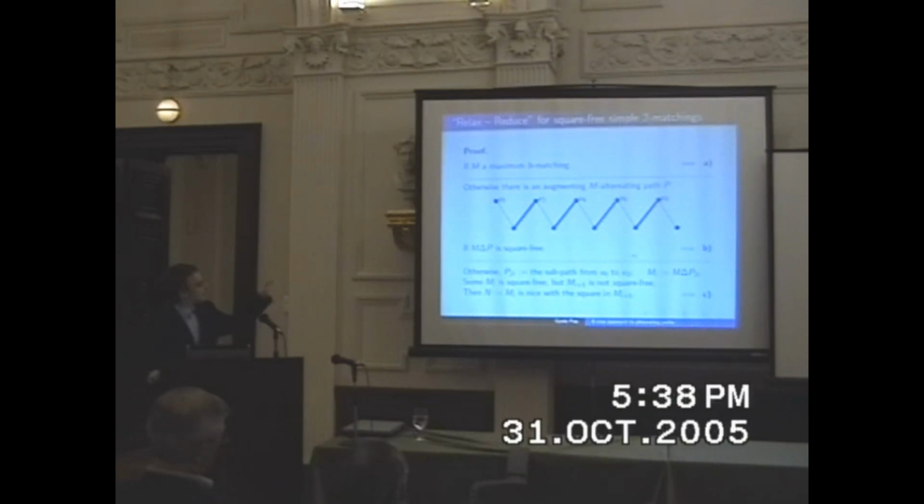So consider an alternating path as a process. We choose a starting segment of this path, and we add an edge, delete an edge, add an edge, delete an edge.